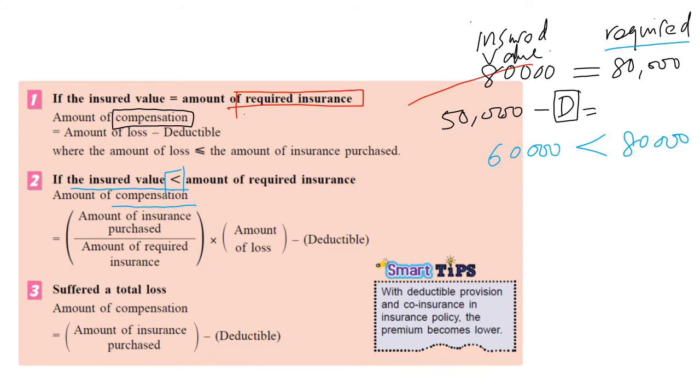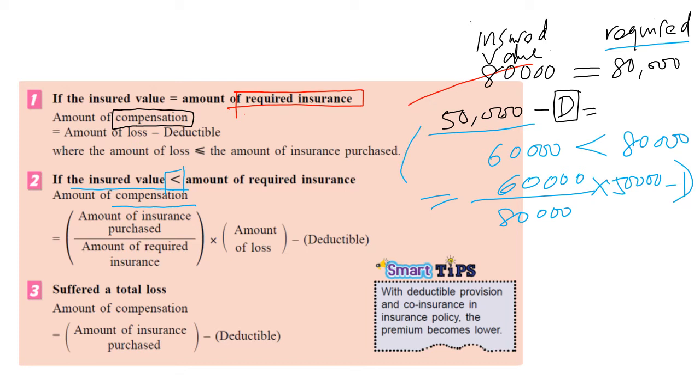The amount of compensation follows a formula the insurance company will use: the amount of insurance purchased, 60,000, divided by the amount required, 80,000, times the amount of loss, 50,000, and then you minus the deductible. You'll get less than the loss.